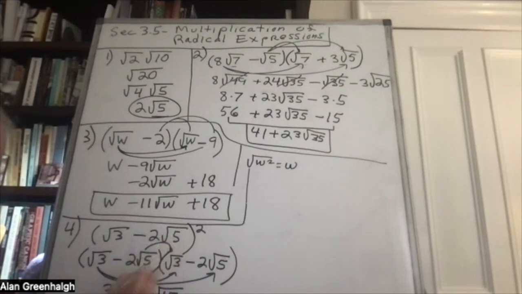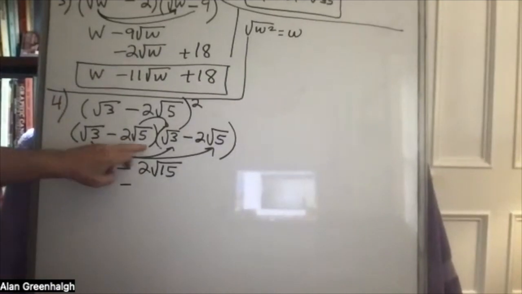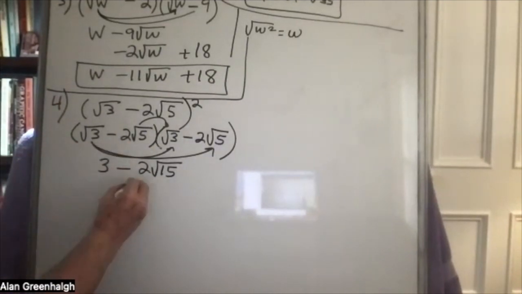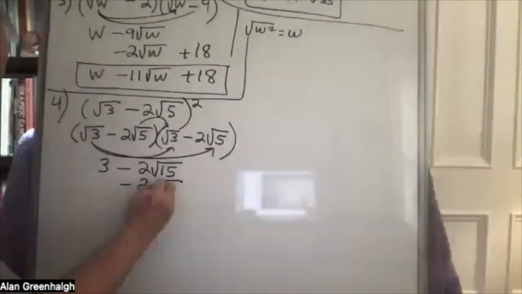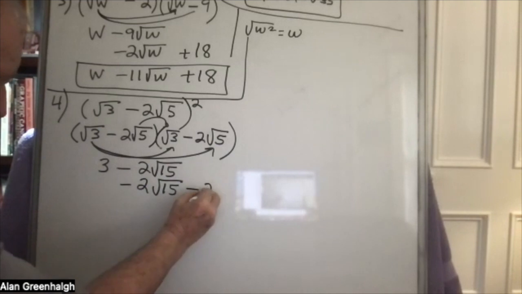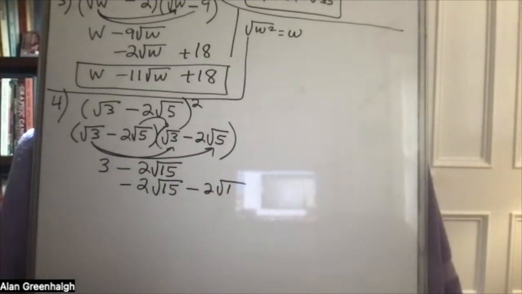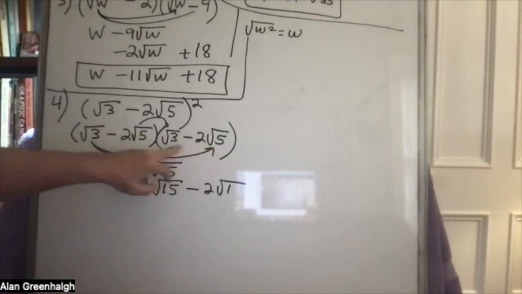Then this part is negative 2 times the square root of 15, and then negative 2 times the square root of, the square root of 25, which is 5.